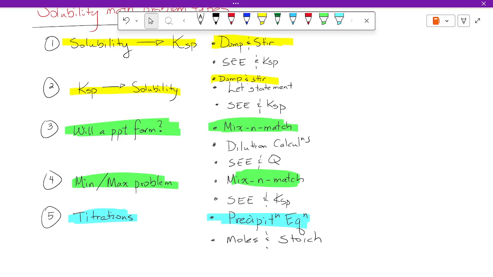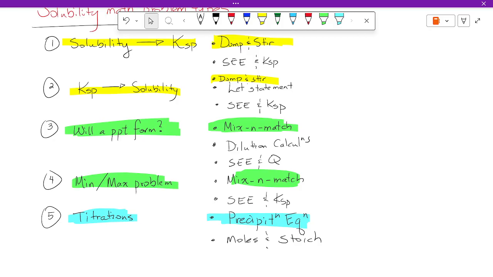In a titration, you use a RICFA table because it goes to completion. It doesn't form an equilibrium. In that situation, do we use moles or molarity? Moles.